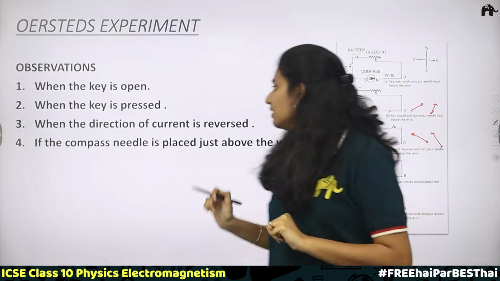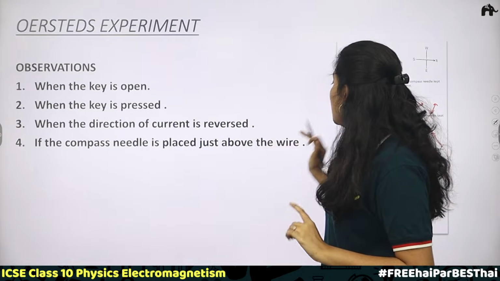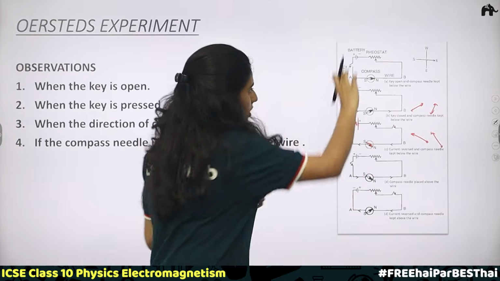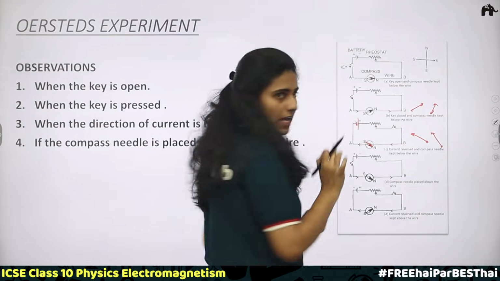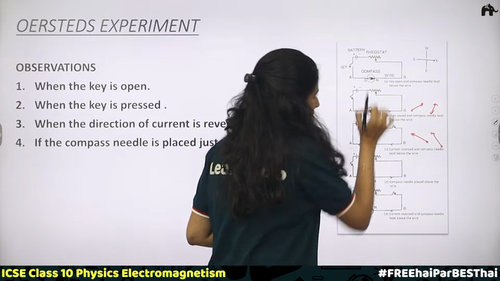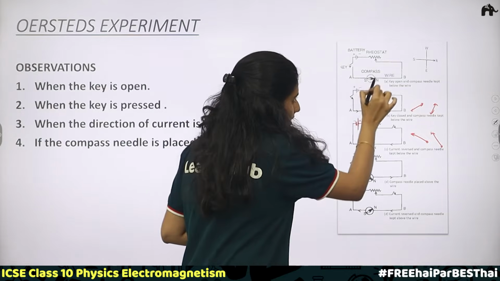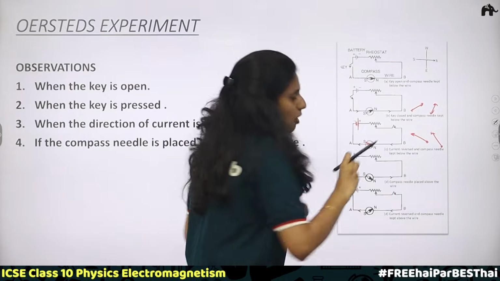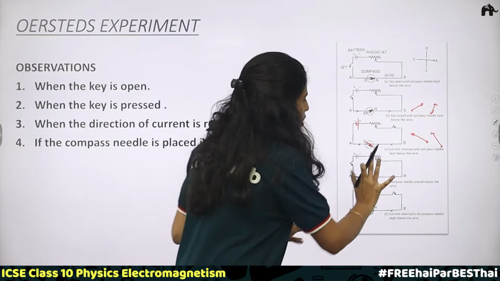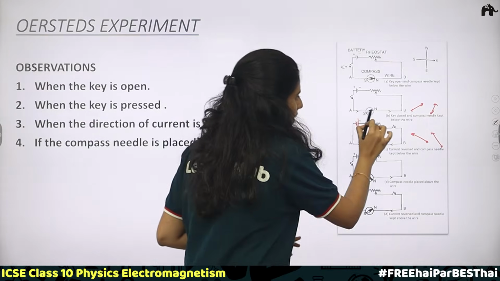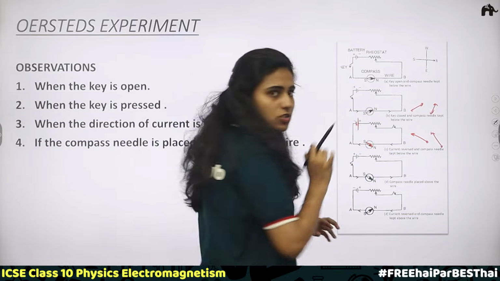Now the fourth one, if the compass needle is placed just above the wire. In all these three cases, you are placing the compass needle below the wire. It is shown using dotted lines. Dotted circles are shown. Now when the compass needle is placed above the wire, just the opposite thing will happen. Here you can see the deflection is towards north.